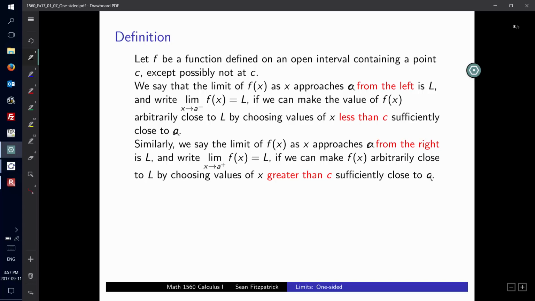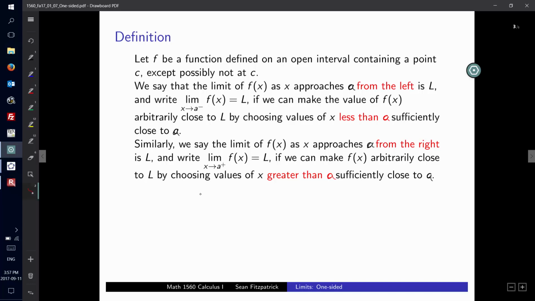So we talk about a left-hand limit, or we say that x is approaching a from the left. This means that we can make the value of f of x as close to L as we want by choosing values of x sufficiently close to a, not c. But when we choose those values, we are only considering values of x that are strictly less than a.